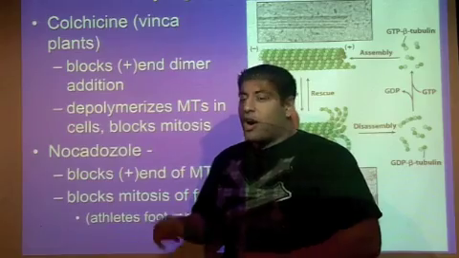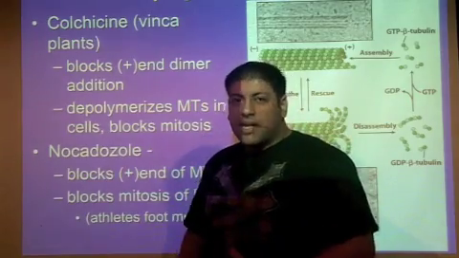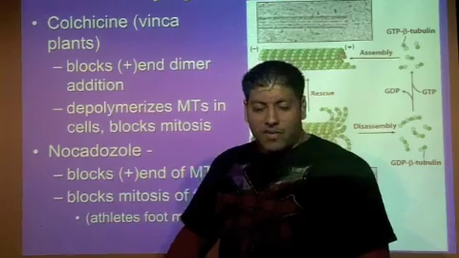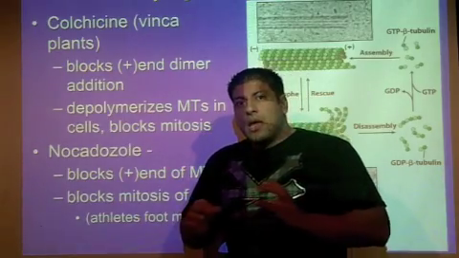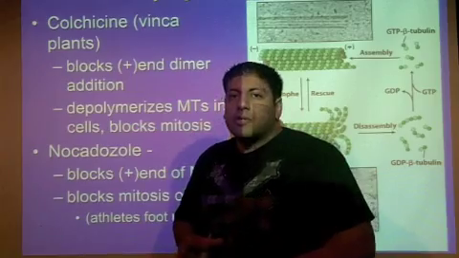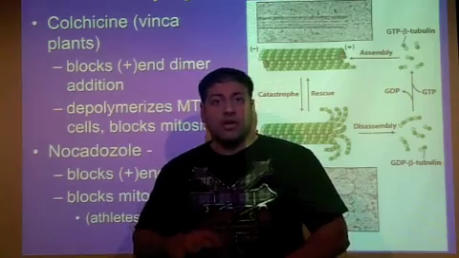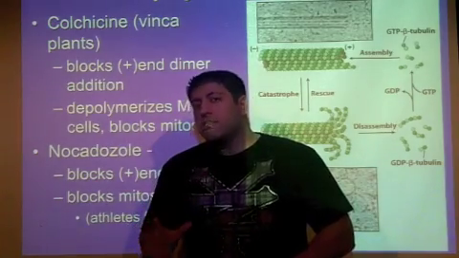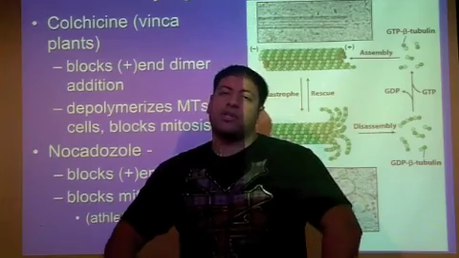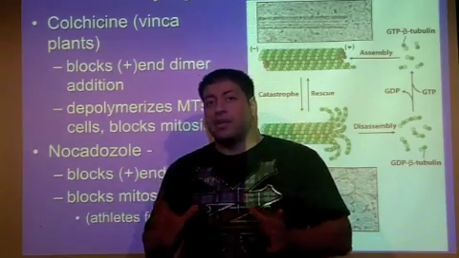Both of these will contribute to the breakdown or disassembly of the microtubule. Now, these microtubules that the drugs are targeting, again, are involved with mitosis. These microtubules have what's known as dynamic instability.